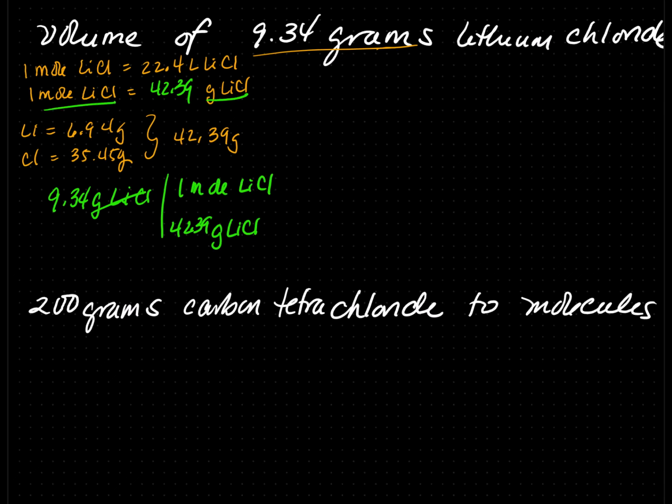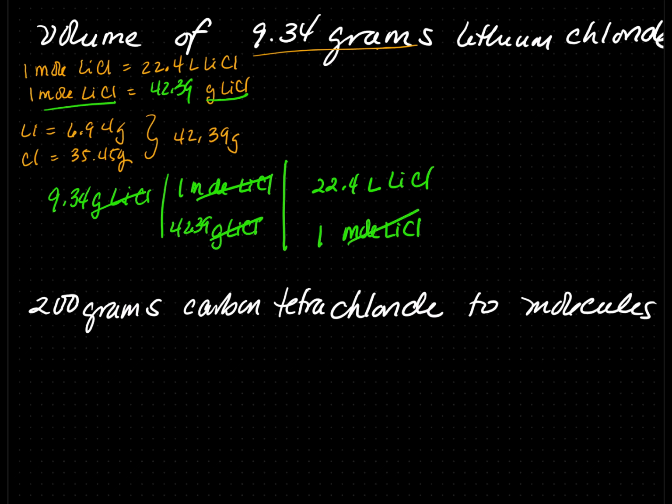The grams cancel out. But if we stop here, we are at moles, so I need to continue on. Moles of lithium chloride. There's 1 mole of lithium chloride. This is equal to 22.4 liters of lithium chloride. The moles cancel out, and we have the units that we want, liters.